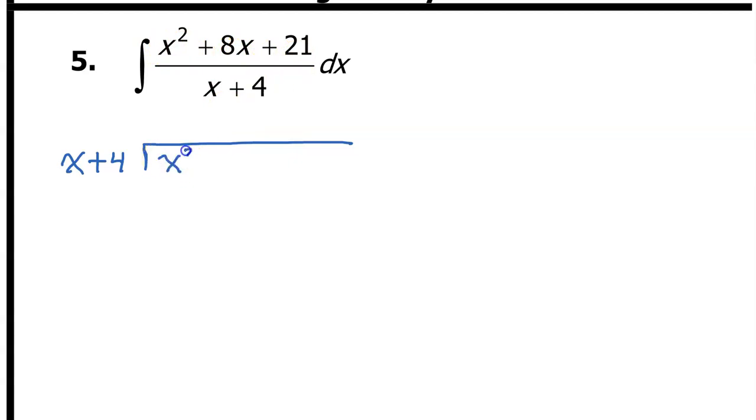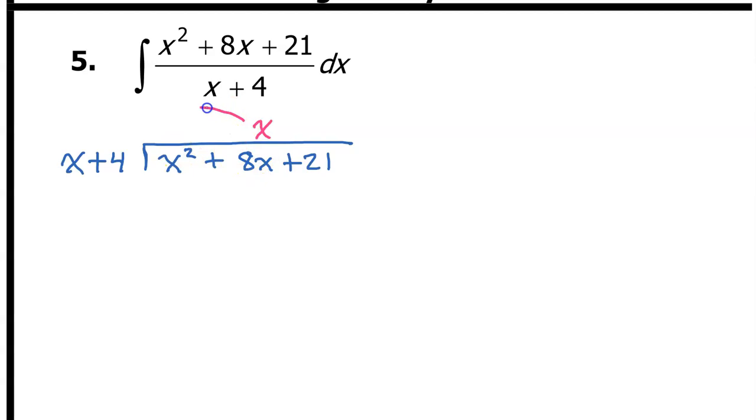Look at the first term and ask yourself, x times what will be x squared? And of course the answer is x, and I like to line that up with like terms.